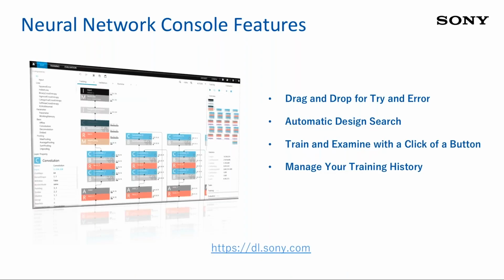So let's look at some of the features that NNC provides. We have these 4 main features that make it easy to use. You can do drag and drop for trial and error. I will go into each of these later, but just keep that in mind.